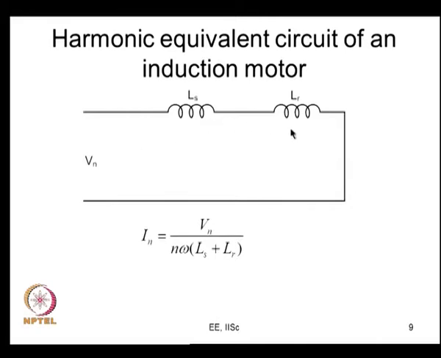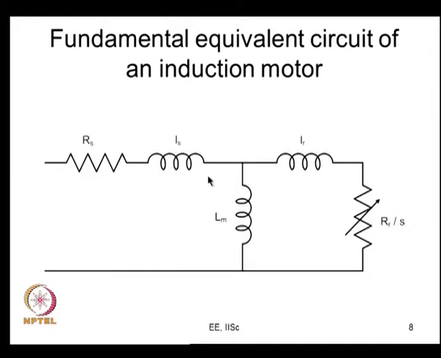As we have seen in earlier cases, when you are applying a harmonic voltage, the slip is very high, close to 1. We will probably have a chance to relook at it today in a short while. This slip S for the fundamental will be very low, like 0.02, 0.03, therefore, Rr by S will be very big. Whereas, for harmonics this S will be almost close to 1, and therefore, Rr by S is almost Rr, which is actually a small quantity.